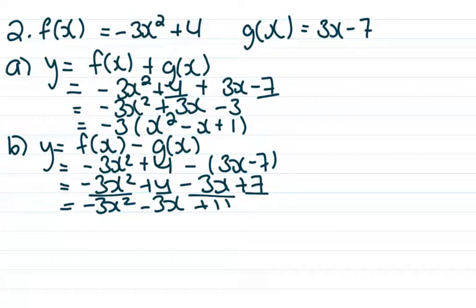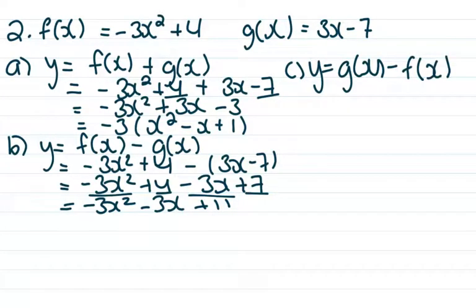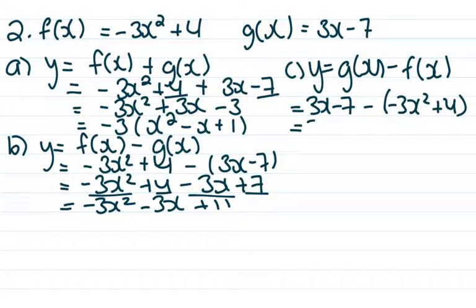And then letter C, we're going to do g of x minus f of x. Y equals g of x minus f of x. So 3x minus 7 minus negative 3x squared plus 4. I'll rewrite it without the brackets first. 3x minus 7 plus 3x squared minus 4.